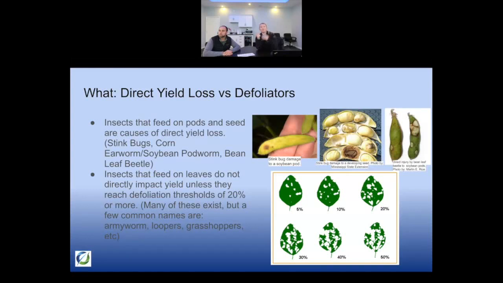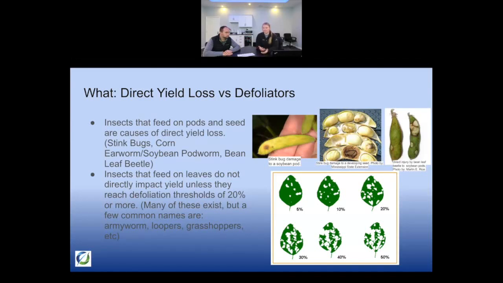And then the left picture is kind of a first initial damage caused by a stink bug on that soybean pod. So it can start out looking like that, but when we open up the pod, it can get as severe as that middle picture. And it doesn't look like hardly anything to take note of in the first left one.